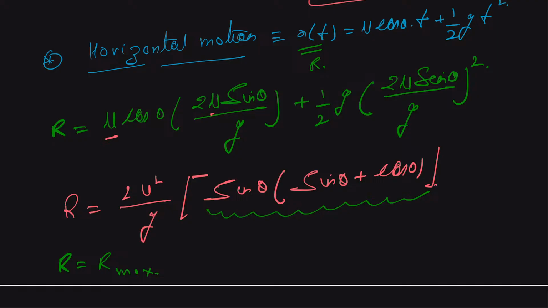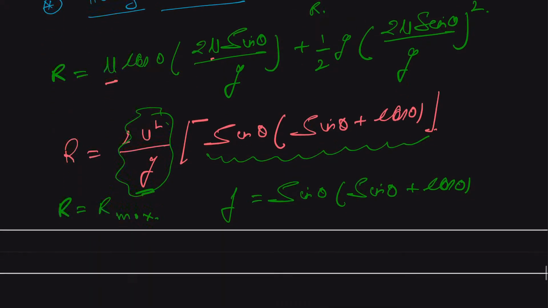And for that let us consider function f, which is equal to sin theta multiplied by sin theta plus cos theta. Ideally we can also consider the constant part, but when you differentiate it for maximization, this part is of no use, so we can simply ignore it.